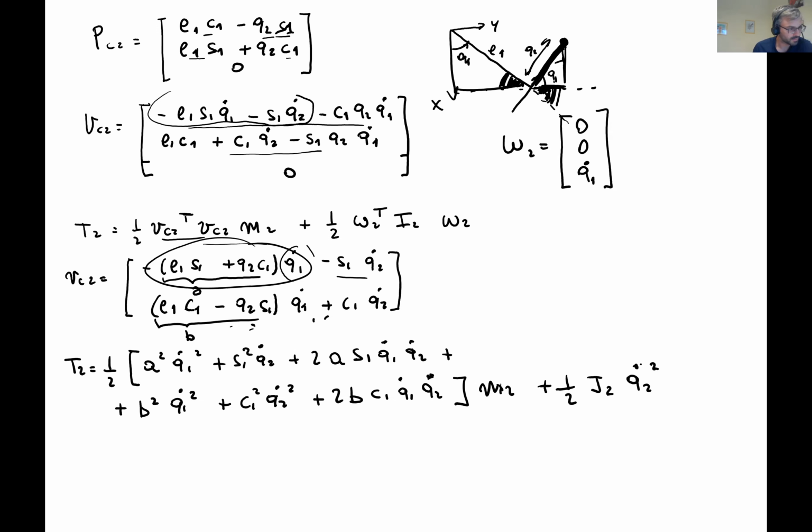Now we can do some simplifications. We see that S1 squared and C1 squared terms combine to make Q2 dot squared, and these two terms are both multiplying Q1 dot squared, while these other two are multiplying Q1 dot Q2 dot. Let's see how it goes.